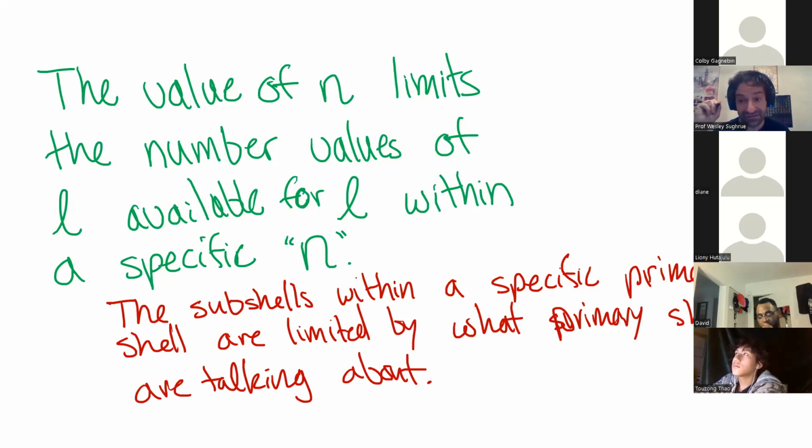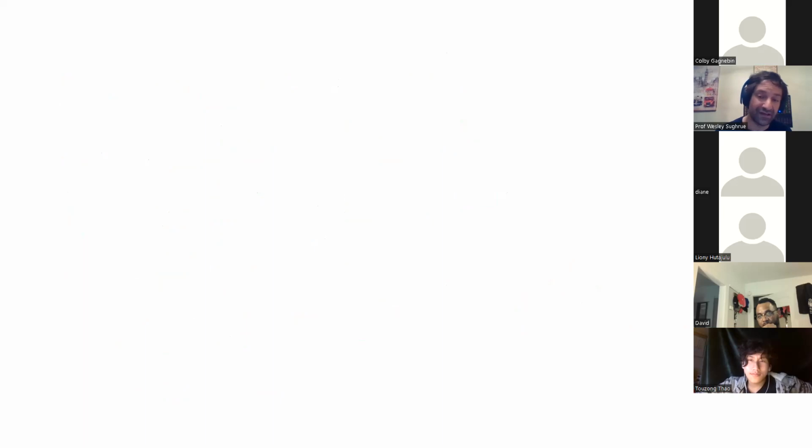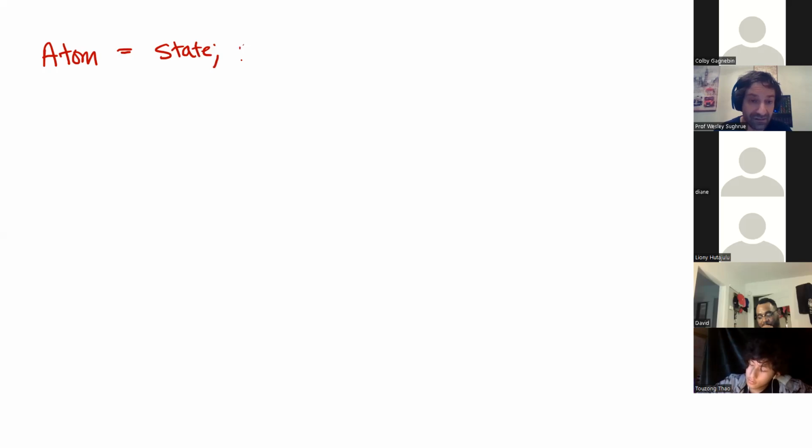These are actually the most concise ways of being able to describe this aside from the analogy and showing you how this actually works numerically. So next step, we go to the analogy. Okay, guys, ready? Here we go, comes the analogy. So remember, just to make sure everything is clear, atom equals state, primary shell equals city.